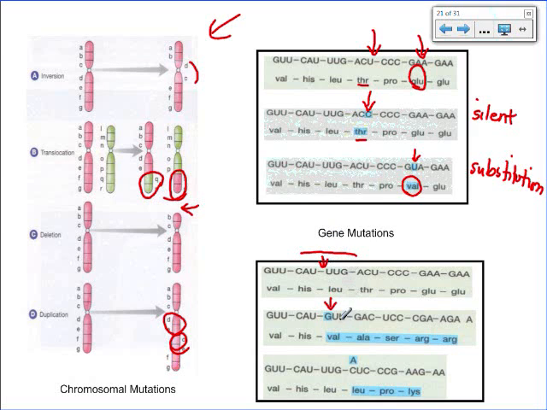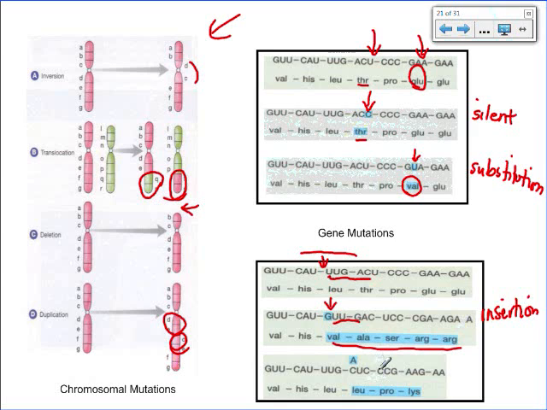So you'd have G, U, U, G, A, C, U, U, U, U, G, A, C. Because it's an insertion, it changes all of these amino acids. It causes a frame shift and changes them.